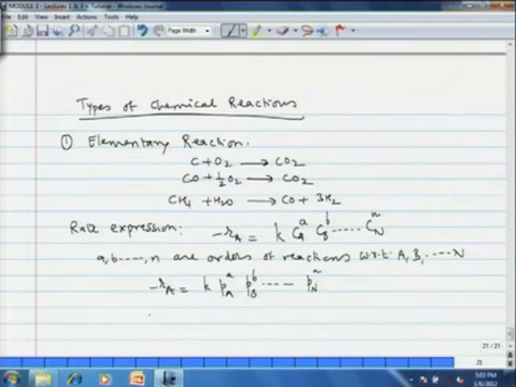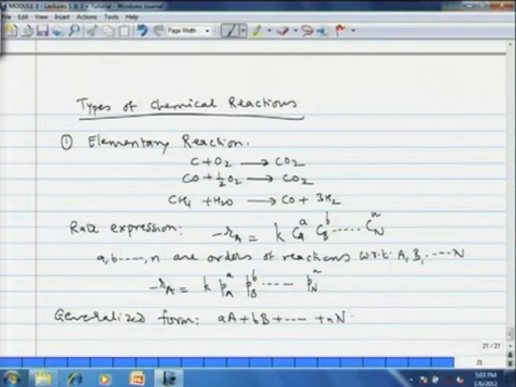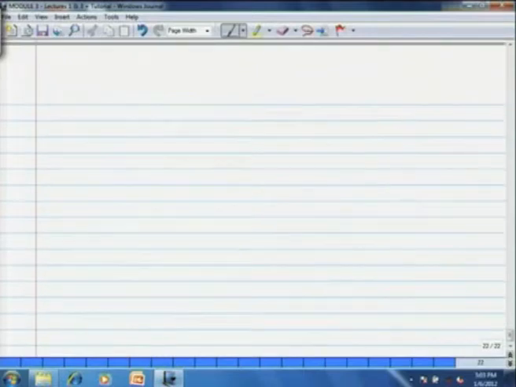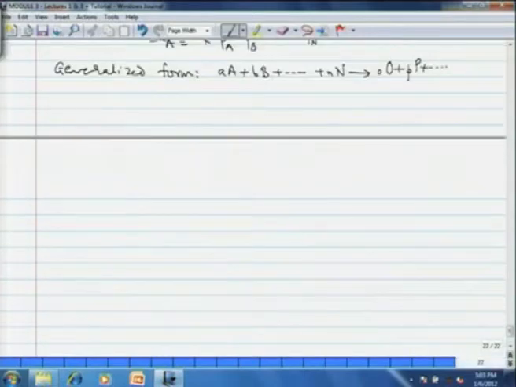We can write a generalized form of such a reaction as A plus B plus N giving OO plus PP, like that. I can give you a very simple example of another such reaction. Say the reaction between chlorine and hydrogen gives ClO gas, which further decomposes to Cl2 and O2.